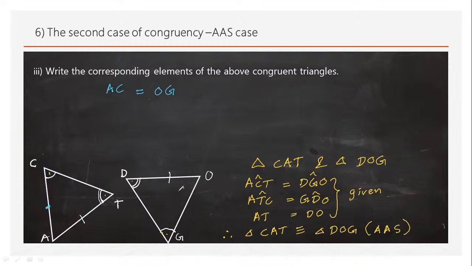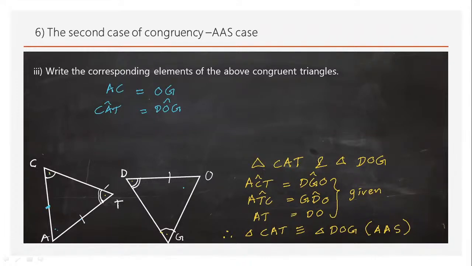Now we consider the remaining angle. This angle and this angle, corresponding elements: angle CAT and angle DOG. That is also corresponding. One element remaining.